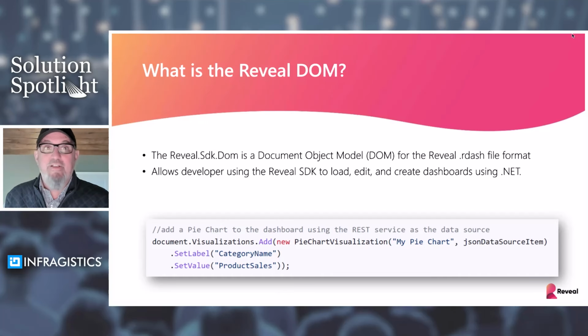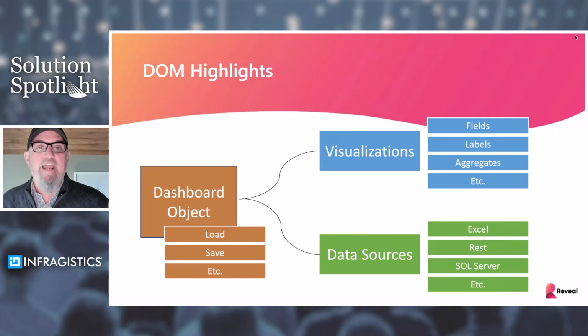You're going to see that Reveal is a WYSIWYG tool. It's what we call a simple and beautiful way to enable your users to deliver or have that self-service BI experience. But giving you the ability to do everything in code can elevate the type of experiences that you deliver to your customer. So when we look at this document object model, you've got a dashboard object, which has features like loading and saving and parsing, etc. Then you have visualizations and data sources that make up these dashboards, and you're going to see today how you can use those to deliver unique experiences to your customers.